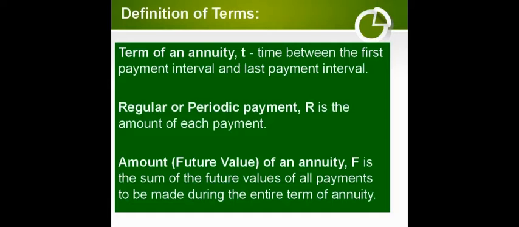Amount or future value of an annuity, denoted by capital letter F, is the sum of the future values of all payments to be made during the entire term of annuity. So lahat ng payments natin during the entire term of annuity, that is the future value.